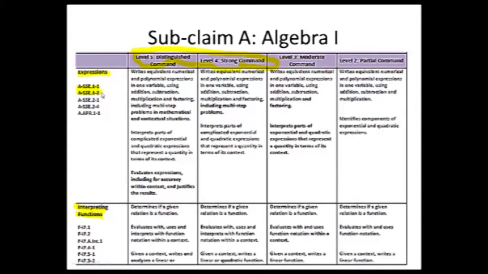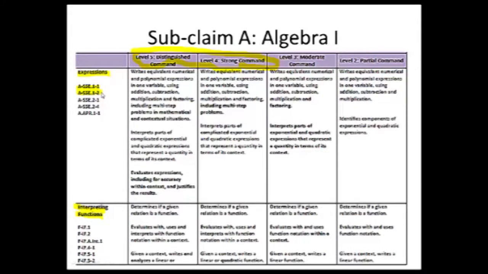Those are the 5 major topical areas for Algebra 1. As I look at my curriculum map then and my end of unit assessments and my unit focus areas, I want to dig in and make sure that I'm addressing those 5 areas very thoroughly.